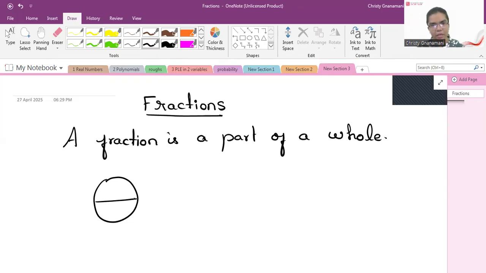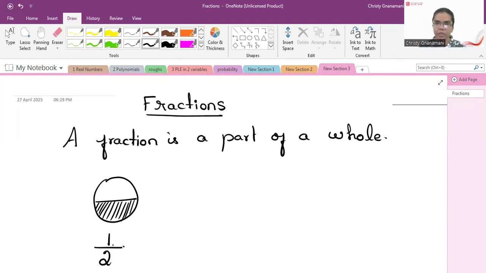You can divide this circle into two equal parts, and each one of these parts represents a fraction. Right? So what is the shaded part? What does it represent? It represents one half of the full circle, right? Okay, so it is 1/2.